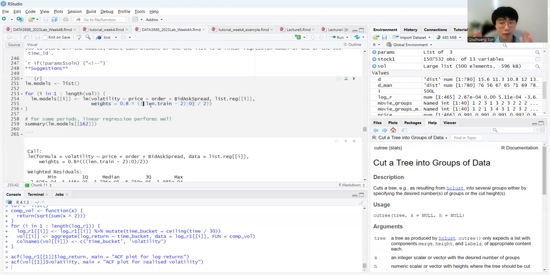Remember we have 600 seconds for one 10-minute time interval, and we divided this 10-minute time bucket into 30-second non-overlapping time intervals. So 600 divided by 30 is 20. Now we only look at the first 80% of the data as the training data set.